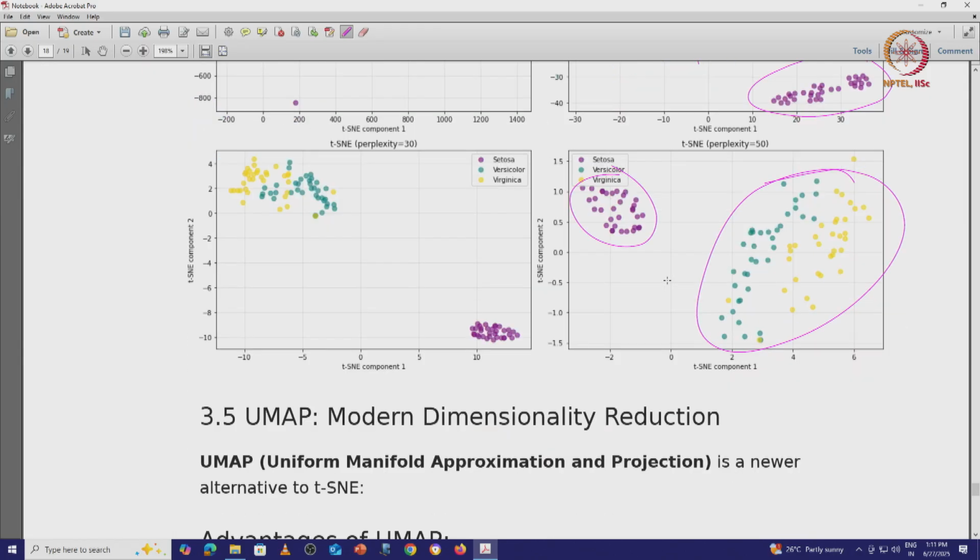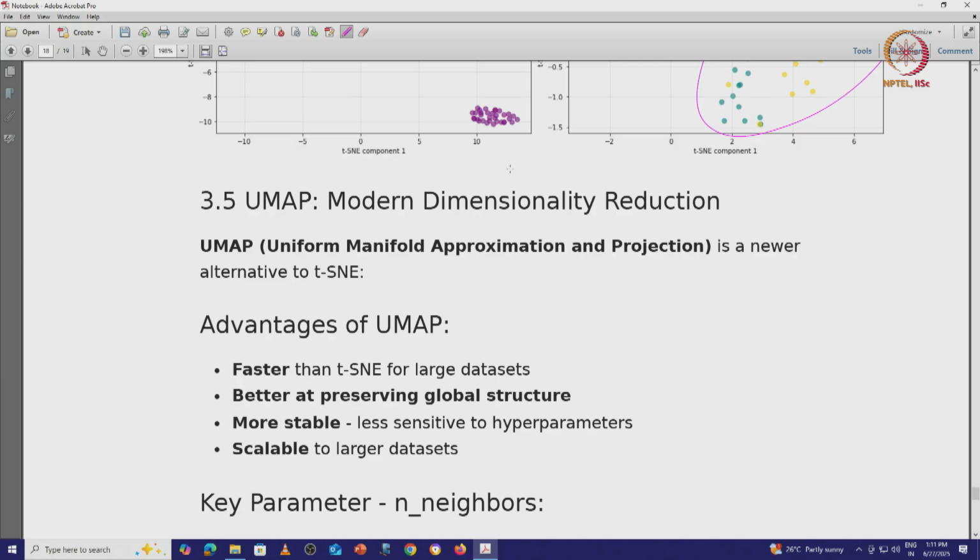Okay. And finally, if you want to implement UMAP, which is the most modern non-linear dimensionality reduction technique that we studied in this course, it stands for uniform manifold approximation and projection. It's a newer alternative to t-SNE, which is better at preserving the global structure. If you remember, the functions we were using to compute distances in t-SNE and UMAP are slightly different, and therefore it is able to preserve the global structure.